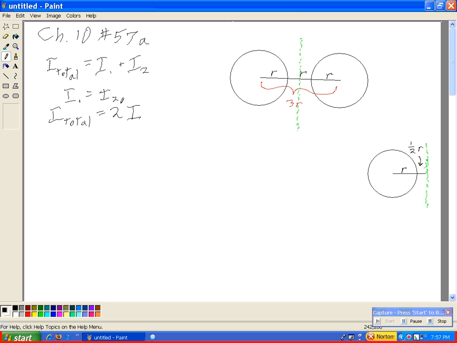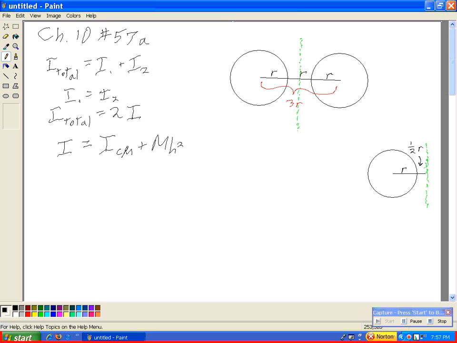So, how do we find this inertia? We use the parallel axis theorem. The parallel axis theorem says that to find the inertia, you take the moment of inertia about the center of mass, plus mh squared.